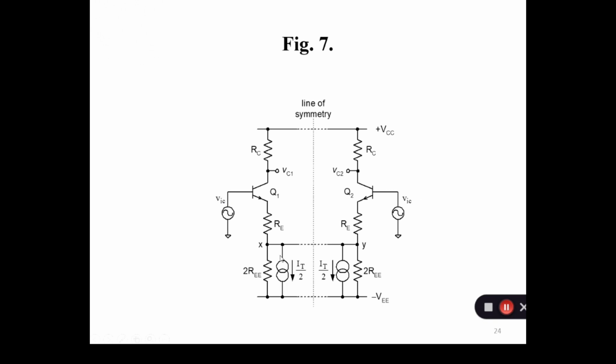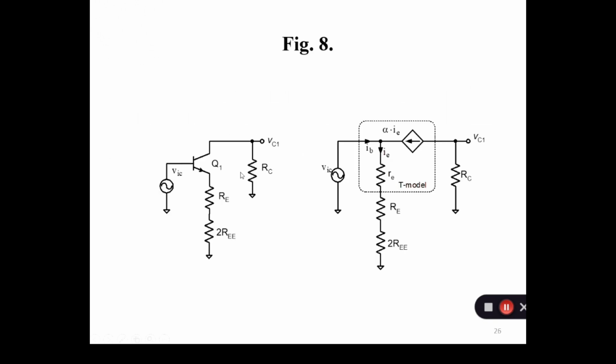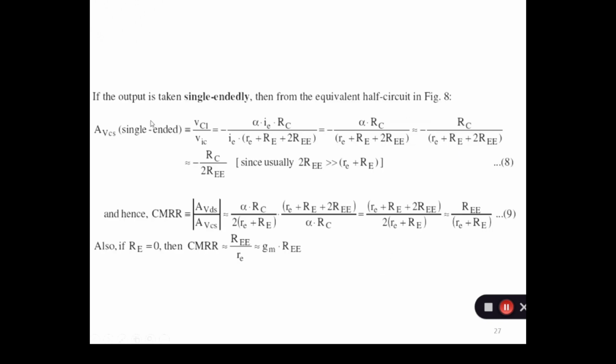So it means this current section we have to distribute into two equal sections, like this one. If you combine it again, it will give you the original value. 2REE parallel to REE will give you REE, and IT by 2 will give you IT. Then we can do the same process for the half section. We can find the voltage gain in this one. So the final overall CMRR is equal to AVD upon AVCM. So this formula you can get easily.